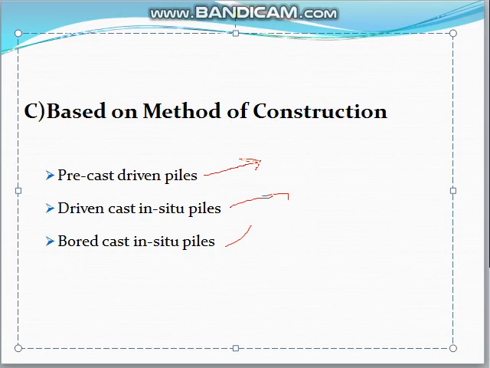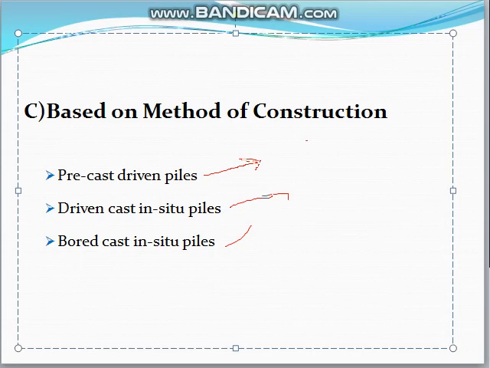So these are all the different types of bored piles. Bored cast in situ piles are formed by making a hole into the ground and then filling reinforcement and concrete. So, understanding these three types of piles based on the method of construction.